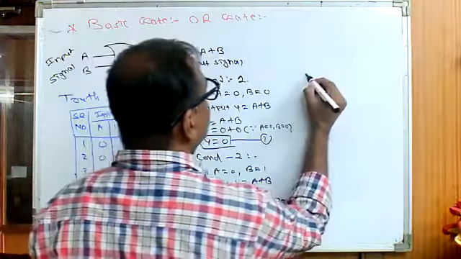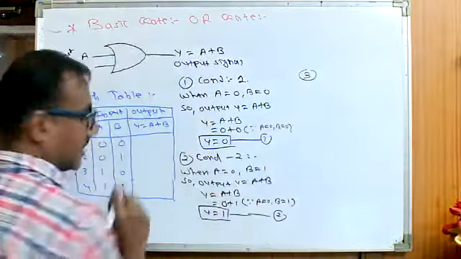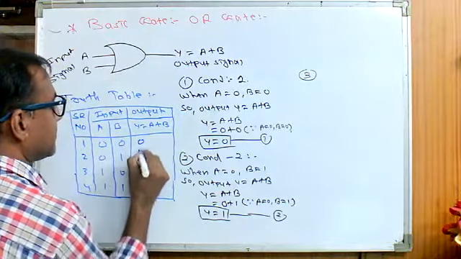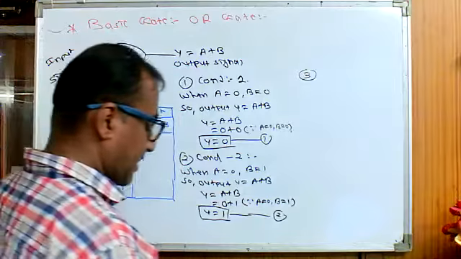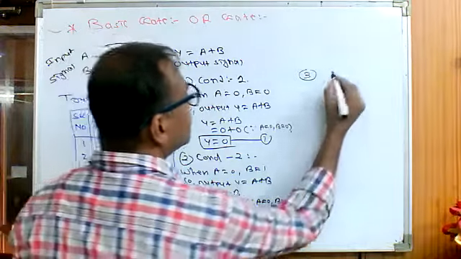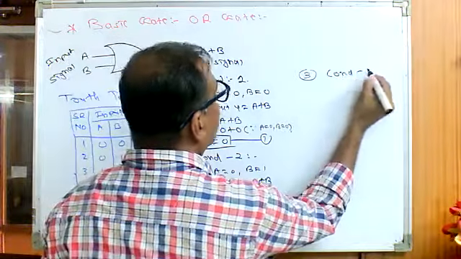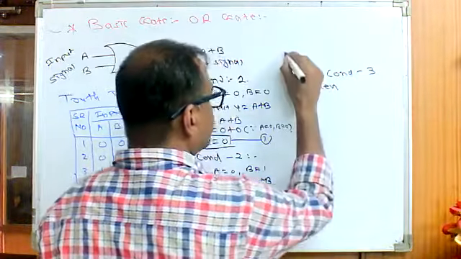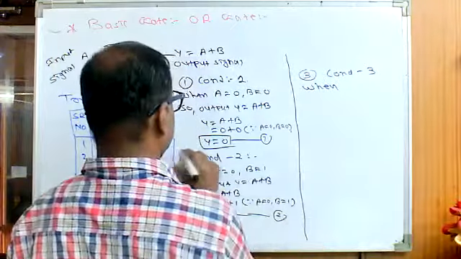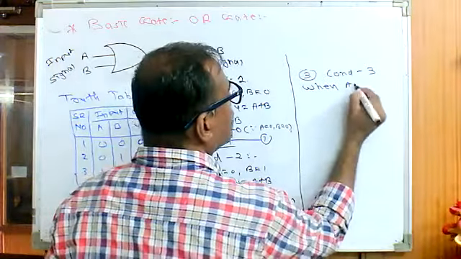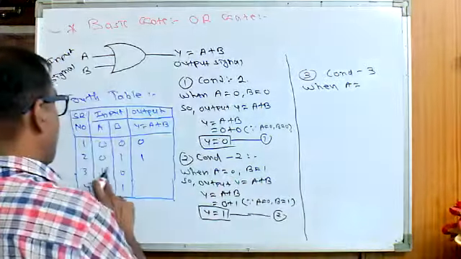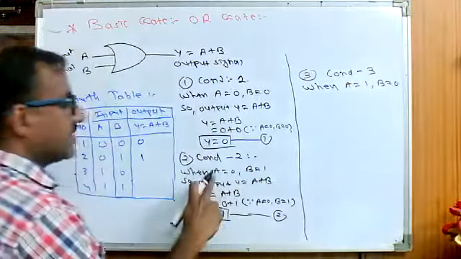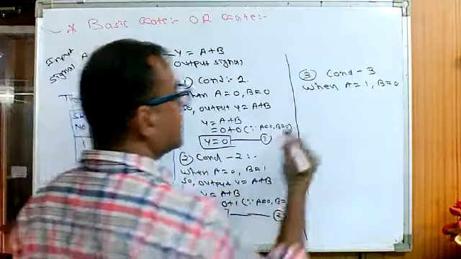Then the third condition: when A is equal to 1 and B is equal to 0. This is the reverse of the second condition.